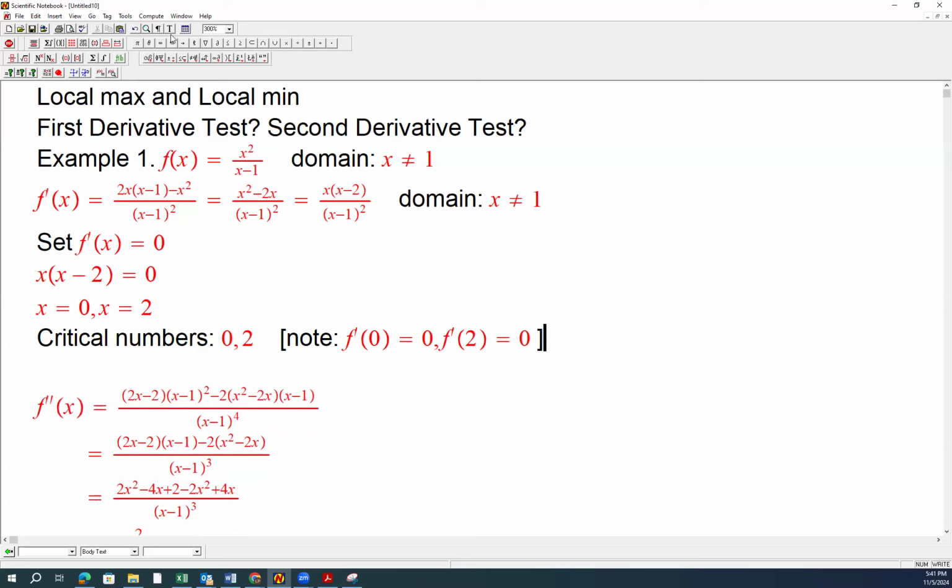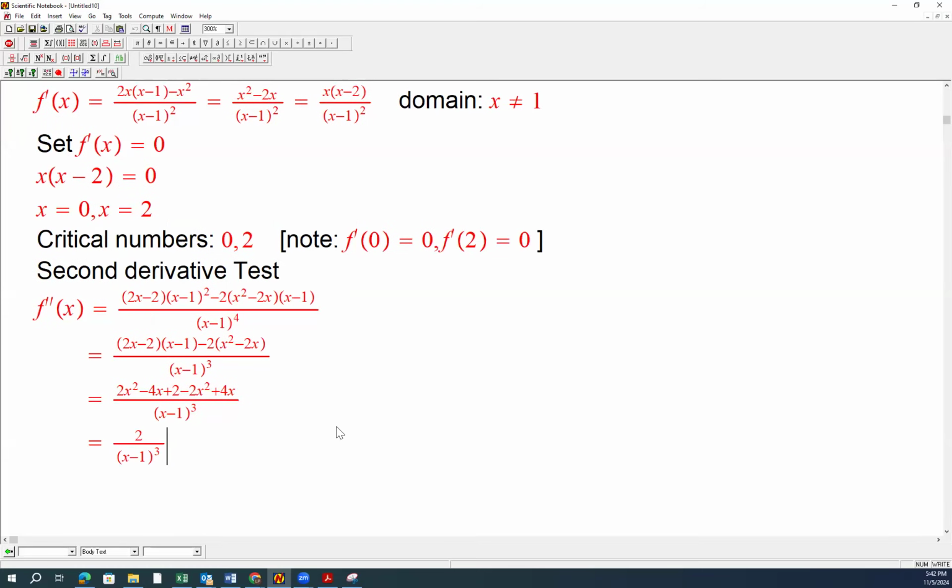Suppose we do the second derivative test. We can, because after we find the derivative, the second derivative still has the same domain, and the function is differentiable: the second order derivative is differentiable, the first order derivative is differentiable.